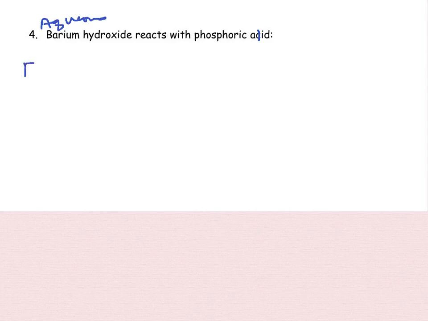So, as an example of a harder one to balance, barium is a 2 plus, hydroxide's a 1 minus, so it's Ba(OH)2, and it's aqueous. Phosphoric acid, ic was an H, phosphate's PO4 with a 3 minus, so it's H3PO4 aqueous.